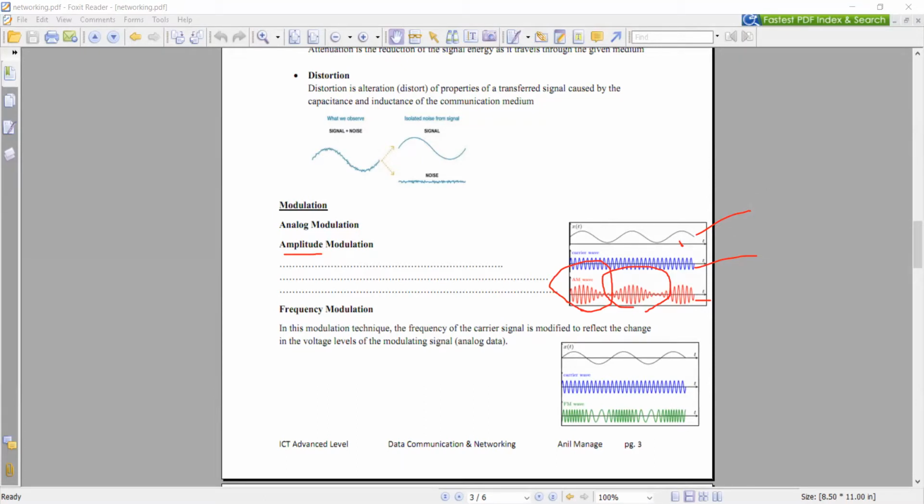So we'll write down under amplitude modulation. Let's write. Write down.